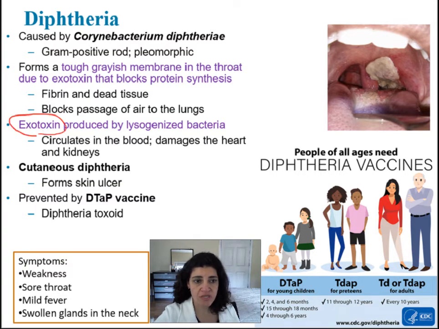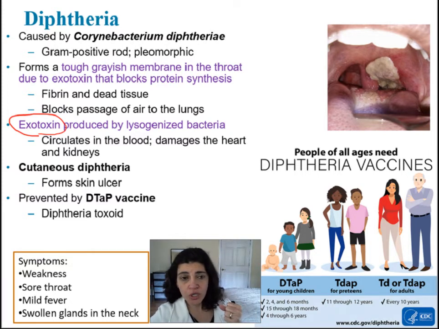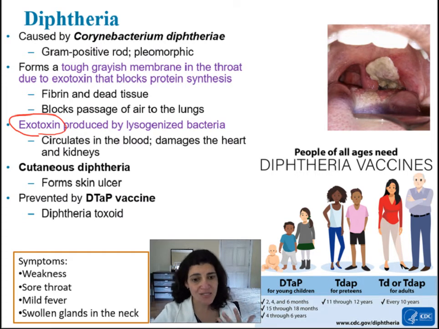The exotoxin is produced by this bacterium because it received the toxin gene from a virus. That's why it's called lysogenized. And this toxin will cause necrosis in the pharynx, okay? Because of the necrotic tissue, the bacteria can keep growing there, and then it can go to the blood.